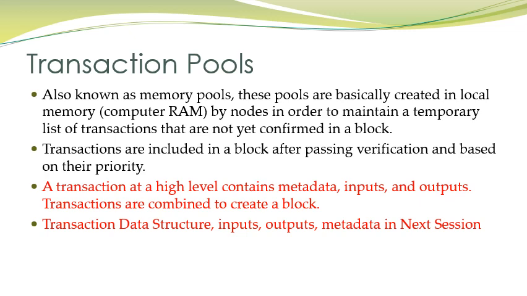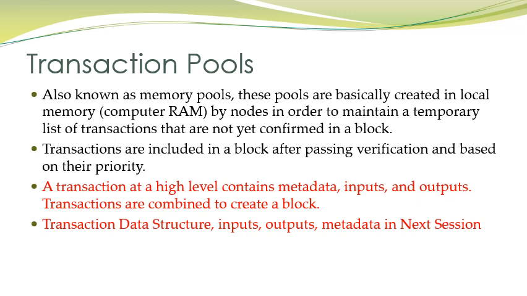So transactions are kept in RAM by the nodes, and when the transaction is finalized, the block is created and transactions are added in the block, and then that block is added in the blockchain. Transactions are included in a block after passing the verification and based on their priority.